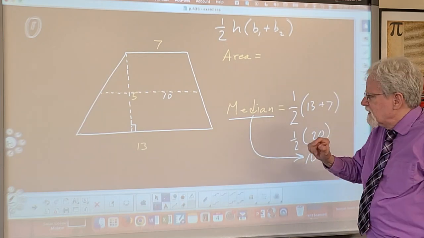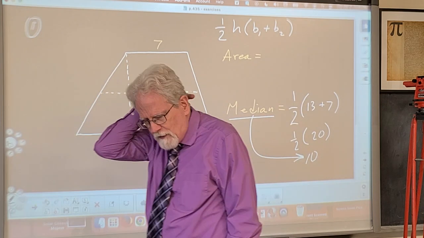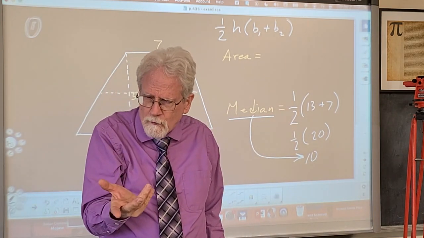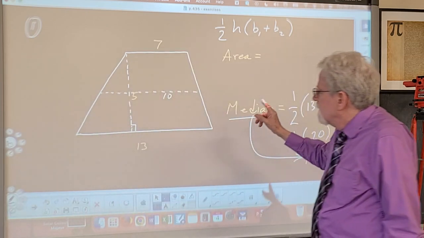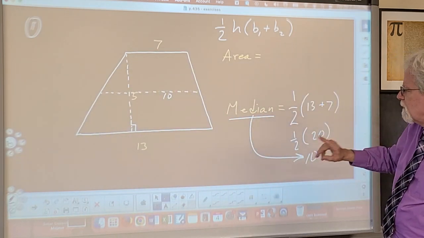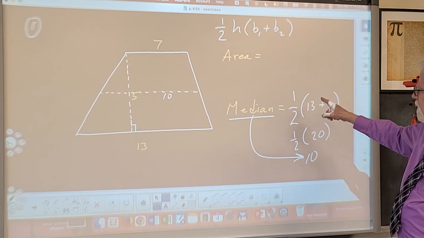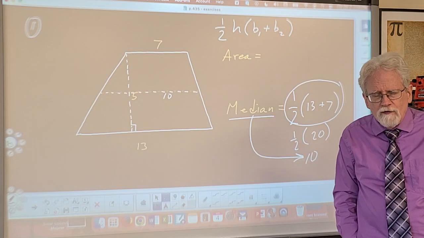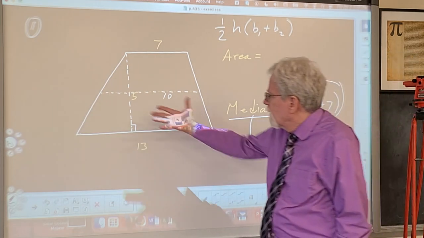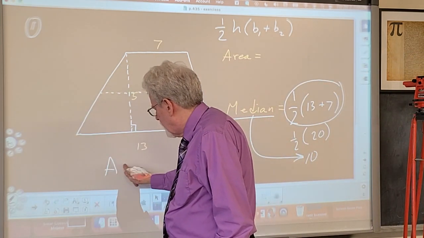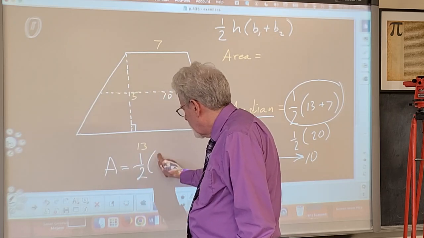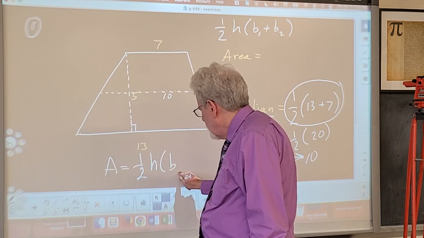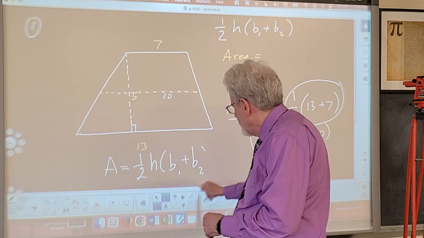But now what about the area? There's a reason why they asked you to find the median, because there's something cool here that I don't believe we've mentioned before. Doesn't this remind you of the formula for the area of a trapezoid? Because the area of a trapezoid, which is what we're looking for now, is 1/2 times the height times B1 plus B2.